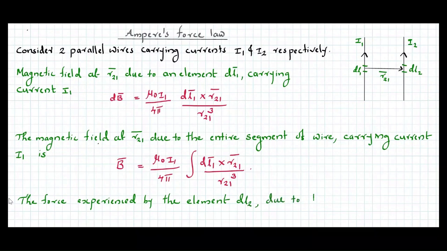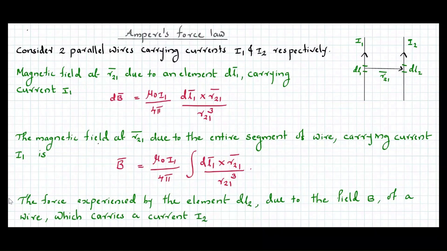Certainly, the conductor which carries a current I2 will experience a force due to this magnetic field. Now consider a small element dl2 on the conductor which carries a current I2. What is the force experienced by dl2 because of that magnetic field produced by the first conductor? We have seen Lorentz force law.